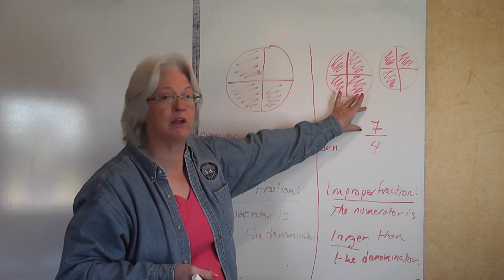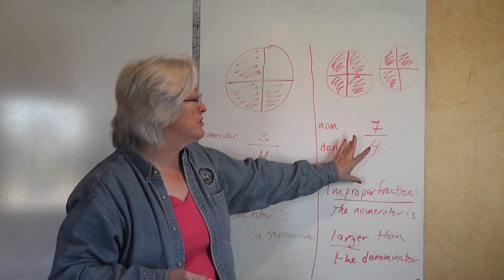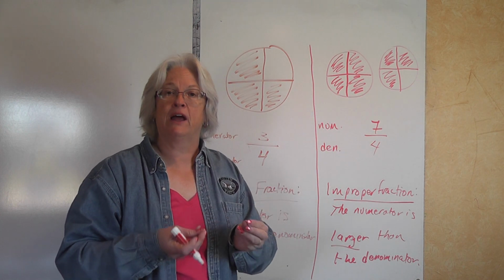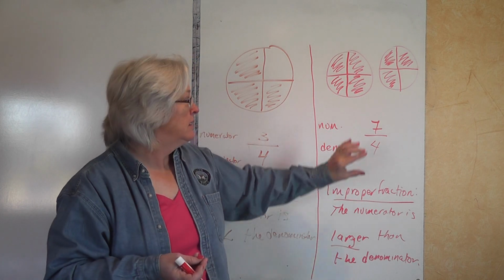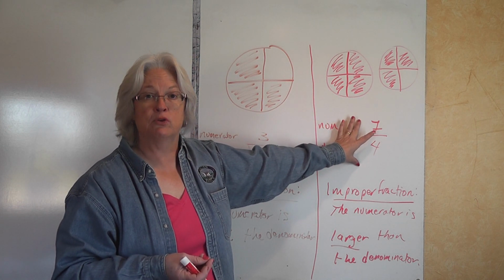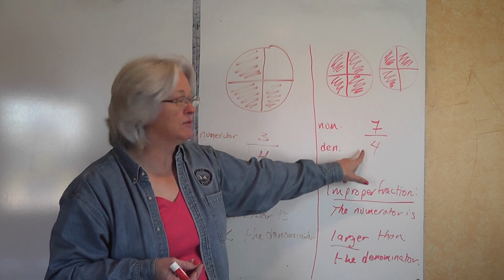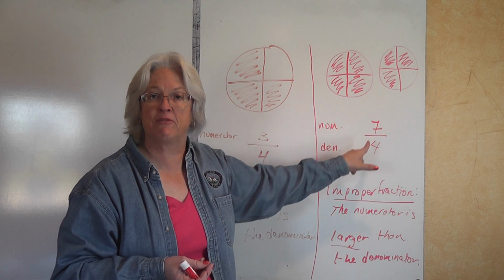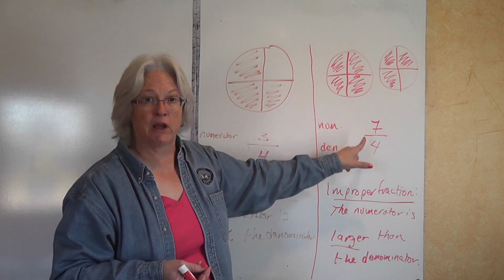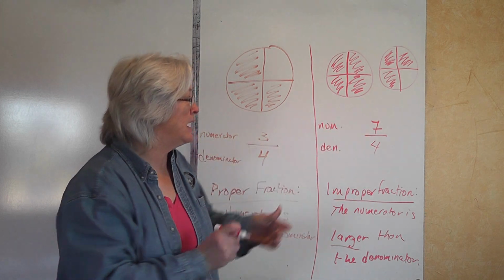Fractions where the numerator, the top number, is larger than the denominator. We do have the requirement that an improper fraction be reduced to lowest terms, like right here, 7/4. There are no common factors in the numerator and the denominator, so this would be okay.